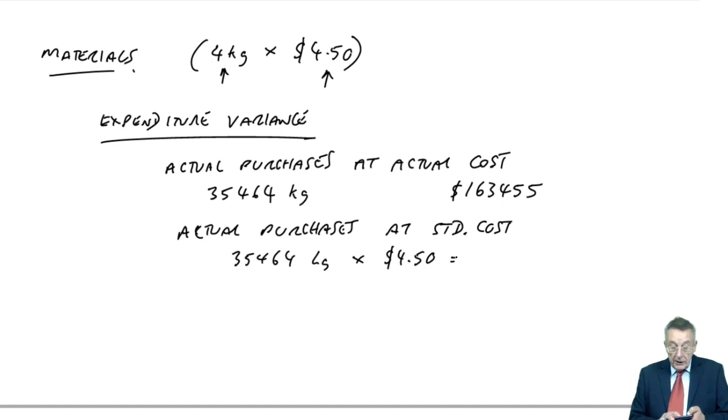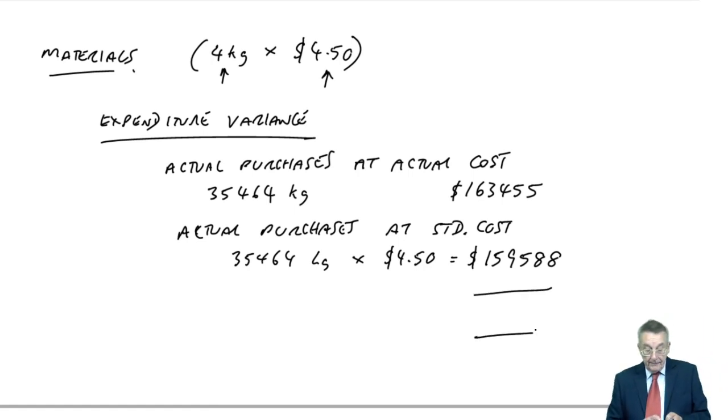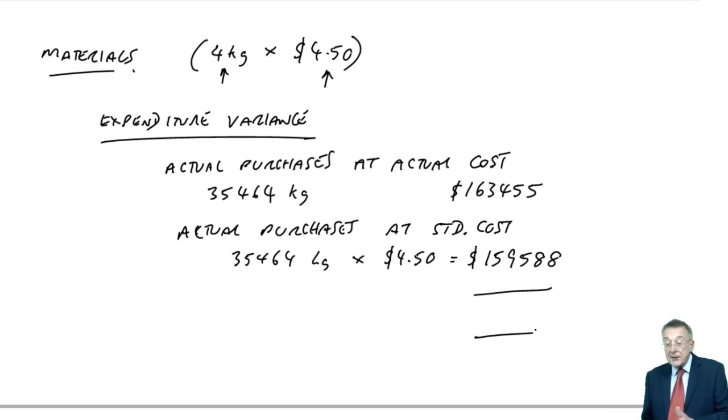And so we should have paid 35,464 times $4.50. We should have paid 159,588. Sorry, I'm just checking my own arithmetic. Yes. So that's what we should have paid. Have we paid the right price?